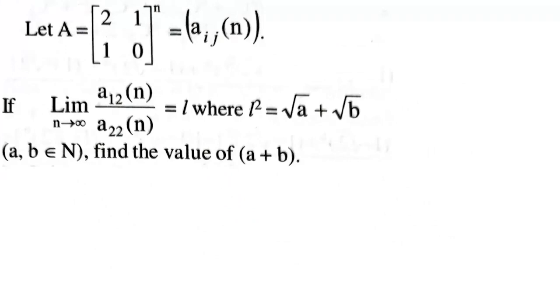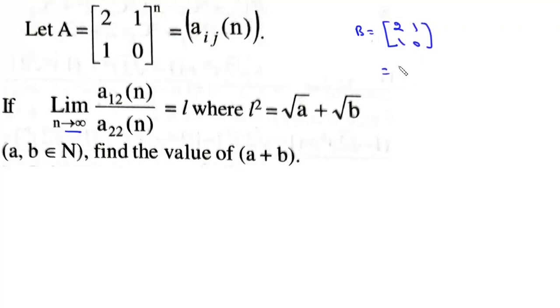Now the question is, let A is the nth power of this matrix [2, 1; 1, 0]. And we need to find this limit, n tends to infinity, a1,2 upon a2,2. Now let this matrix be B, which is [2, 1; 1, 0].